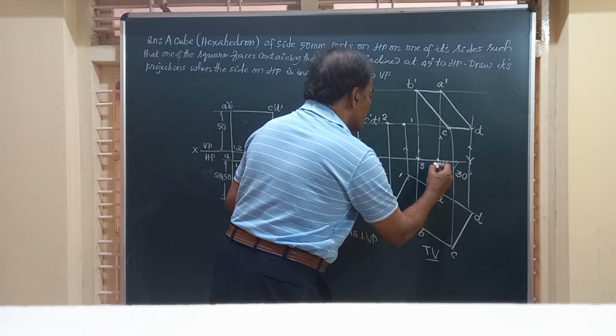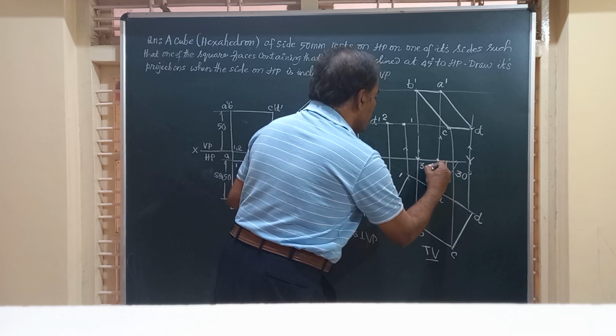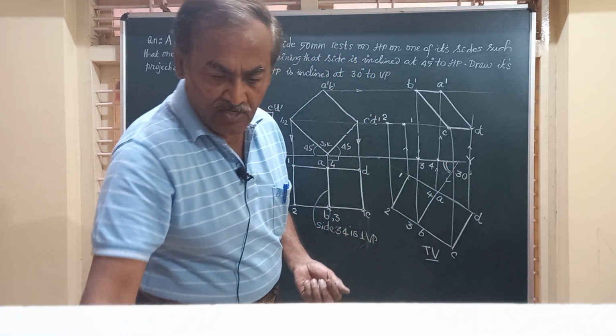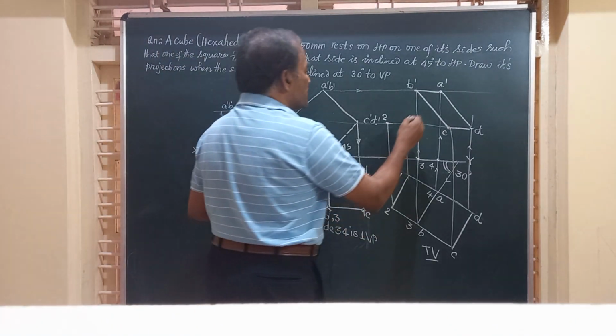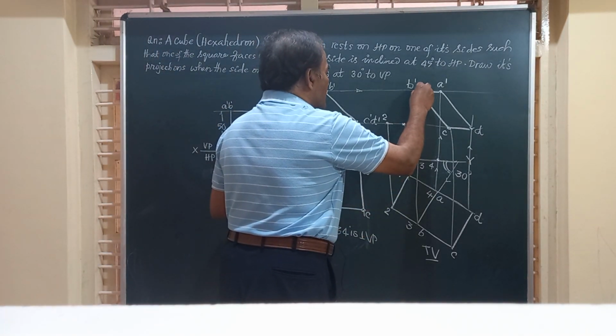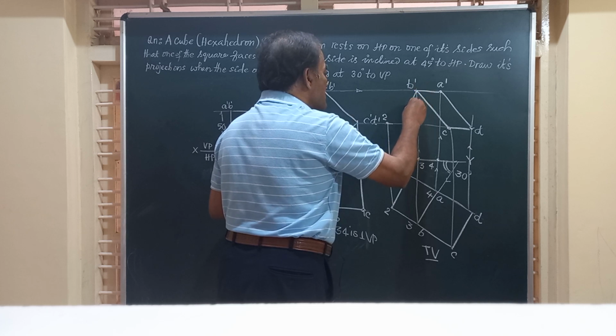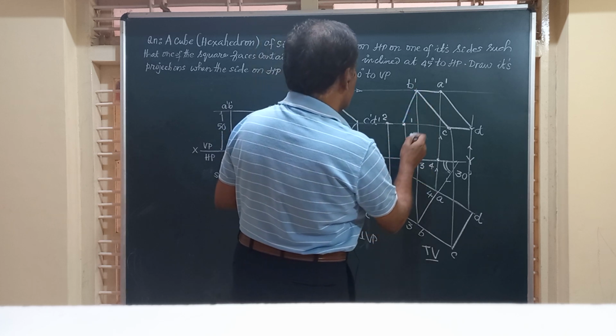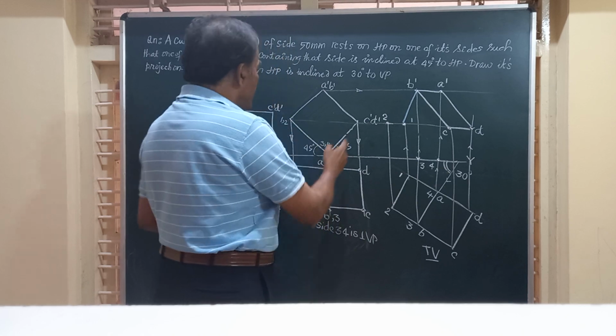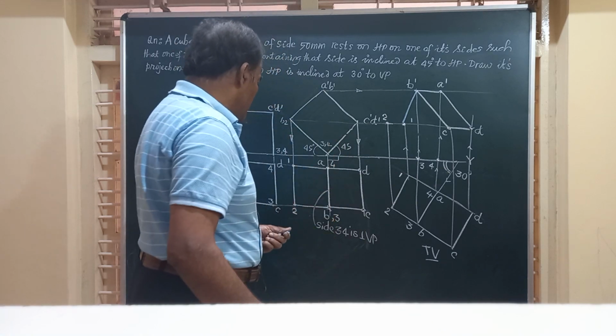So before that, let me mark only the borders of the figure to start with. That is to say, this is the border line B to 1, then friends, no, this is B dash to 2, it should be B to 2.